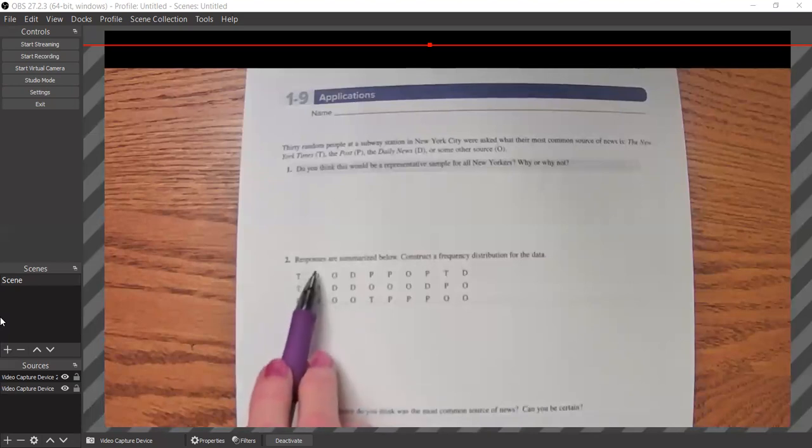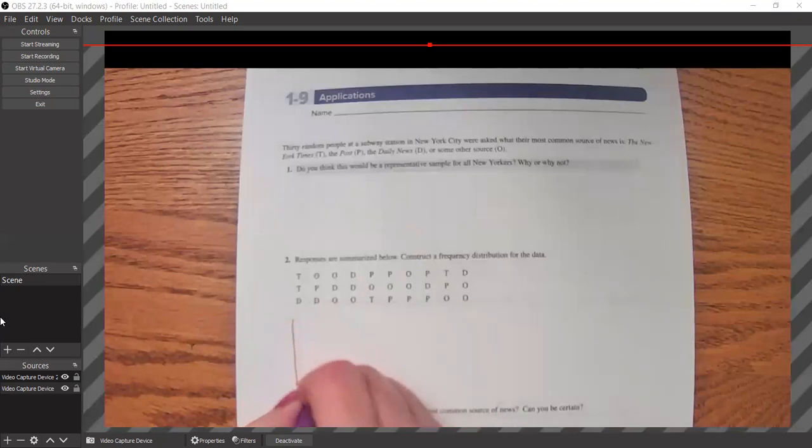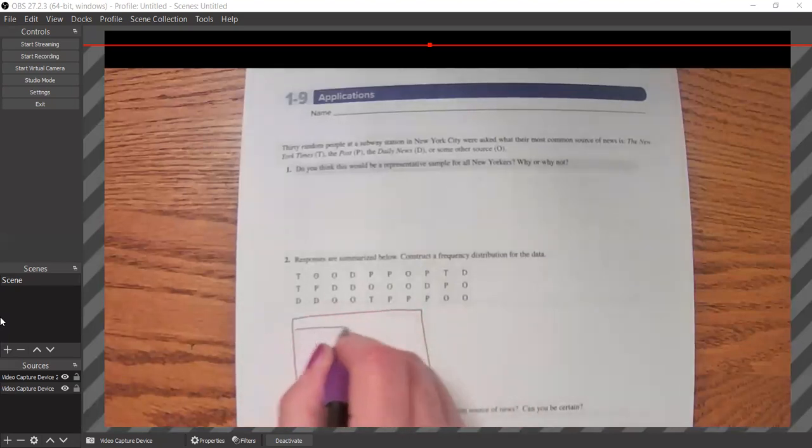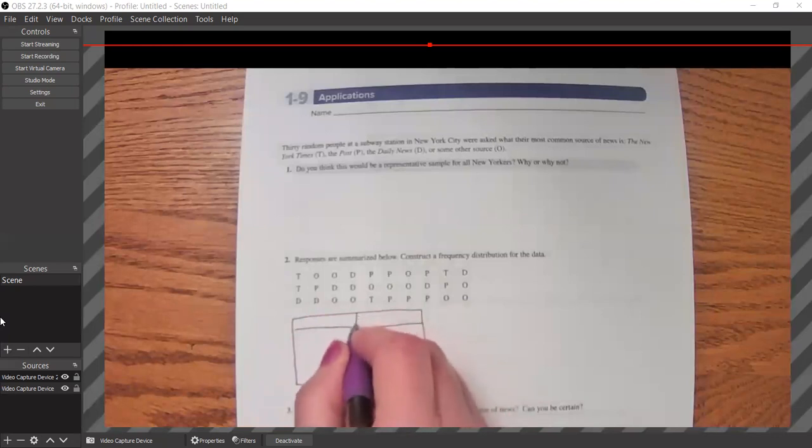But down here, responses are summarized below. Construct a frequency distribution for the data. All right, so this is what our final frequency distribution is going to look like. There's only two types of information.